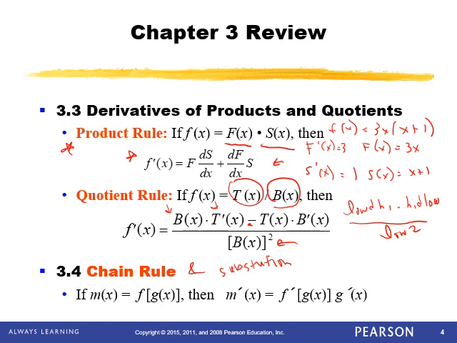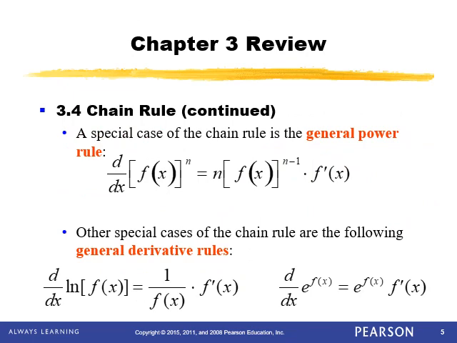So the product rule, quotient rule, and the chain rule are a build on the basic properties that we learned in chapter 2. So again, we did a lot of examples last week in class, and so you can look at 3.4 and 3.3 for examples of these types of rules, and you will have them.